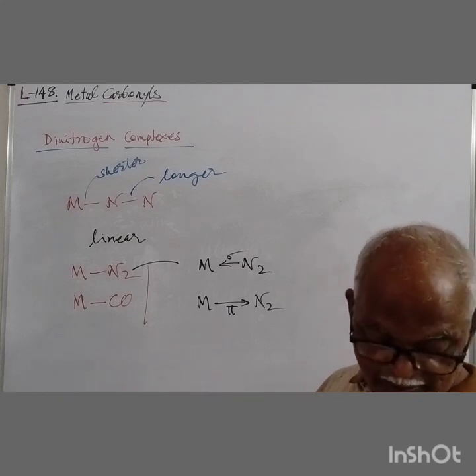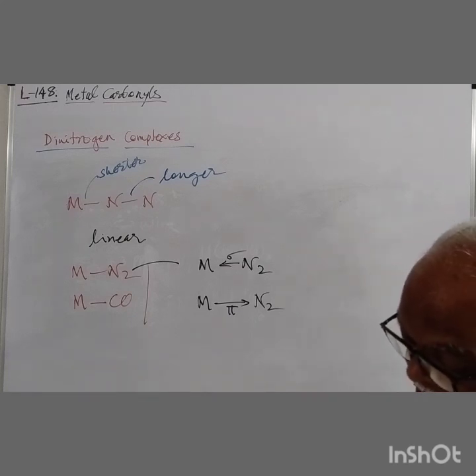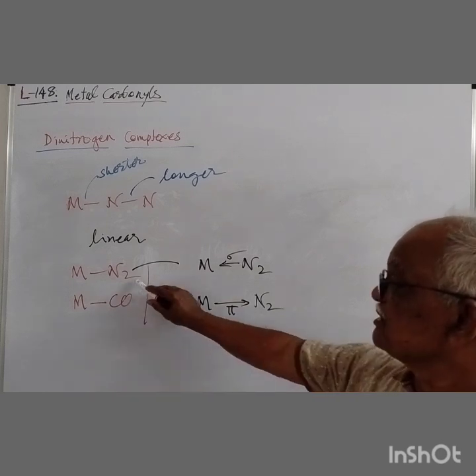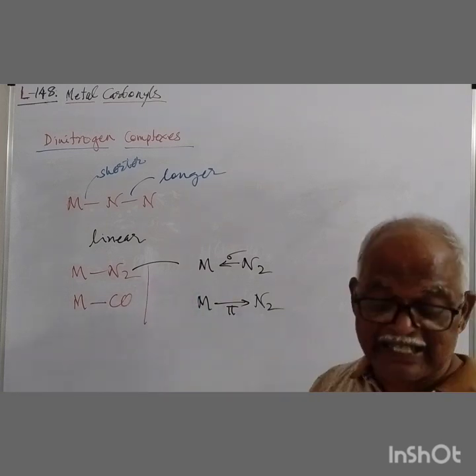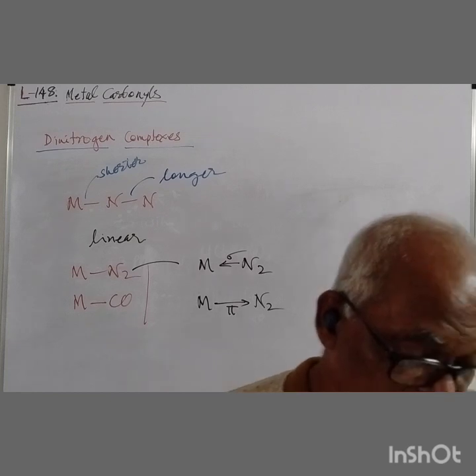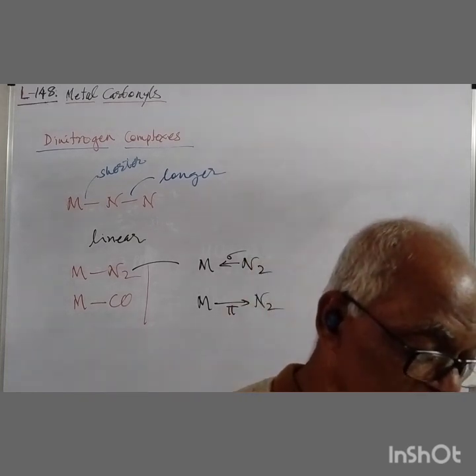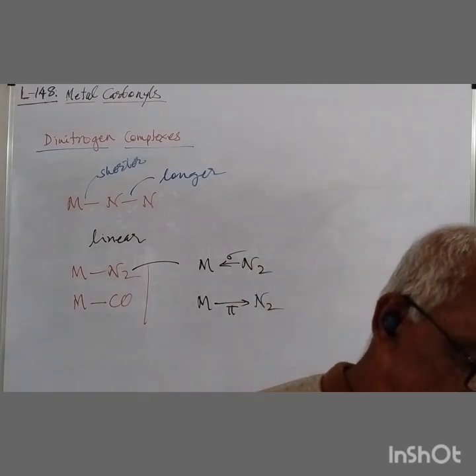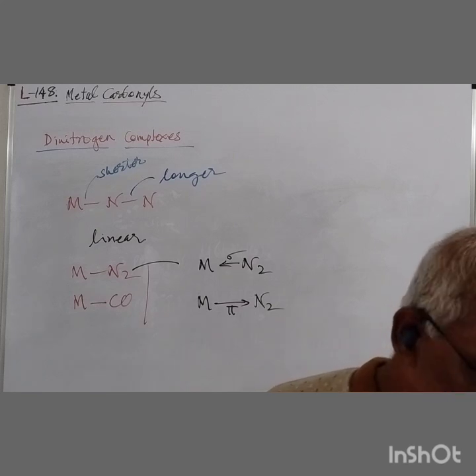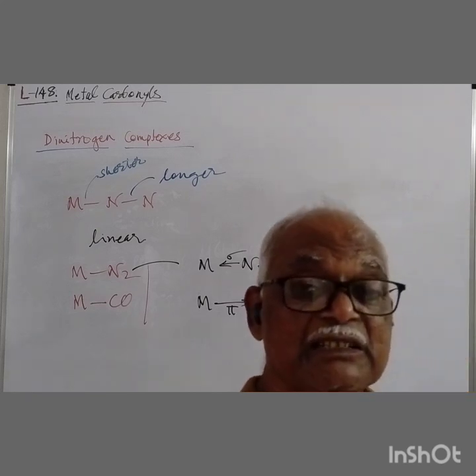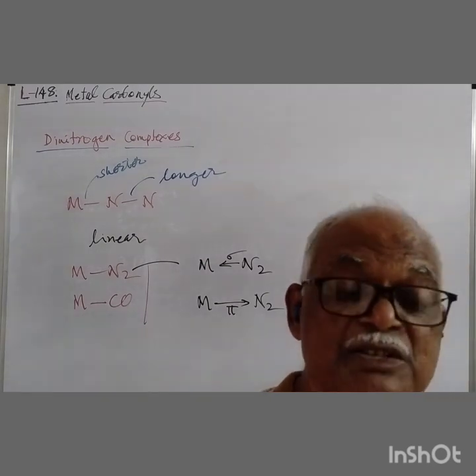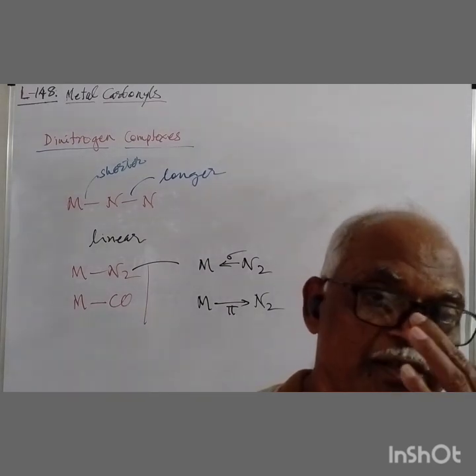As a result, the stability of metal nitrogen compounds is comparatively less than that of metal carbonyl compounds. So this is about the metal nitrogen compounds. We will stop our discussion here.